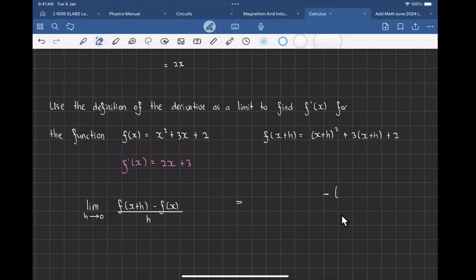Why not just pull H out of everything? Because all the terms you have there have H in them. Yeah, then you could pull out H from all of them at one time. So it could just be 2x plus H plus 3, sorry.